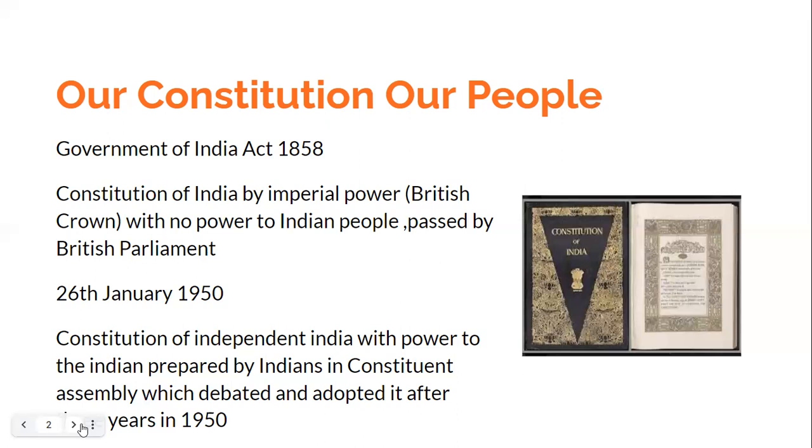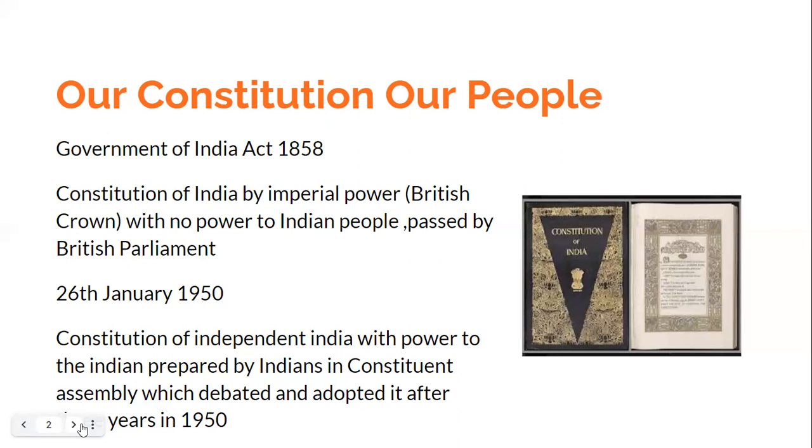So on 26th January 1950, when this Constitution of independent India was adopted, it was adopted by the free Indian people, with the power entirely with the Indian people and the Indian Parliament, and this entire process was really participatory. The debate was open, and there were a lot of deliberations, which ultimately is why we can say it was now our Constitution, made by our people.